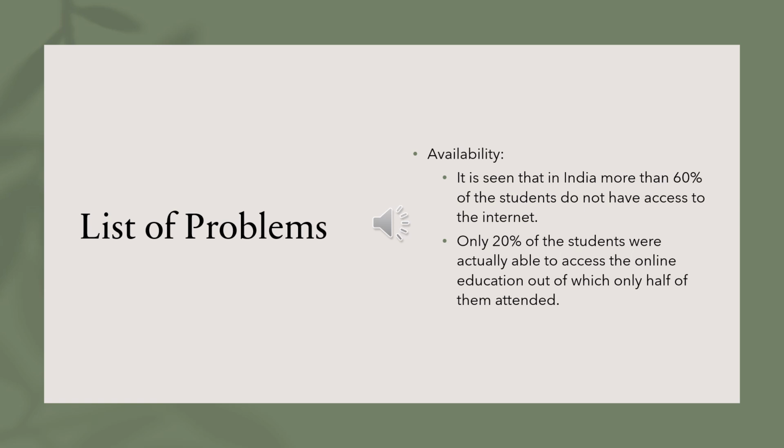Only 20% of the students were actually able to access the online education, out of which half of them actually truly attended these classes. This shows that there is a huge lack of availability of these platforms and the requirements needed for distance learning to take place.